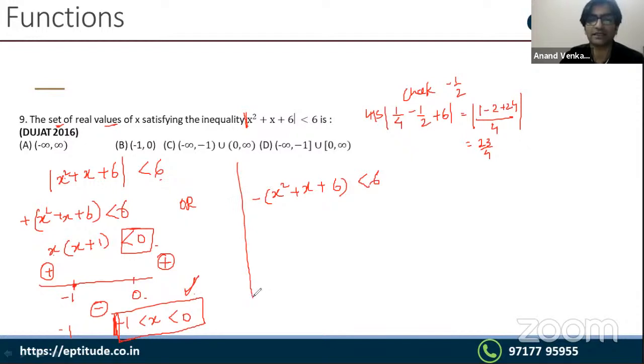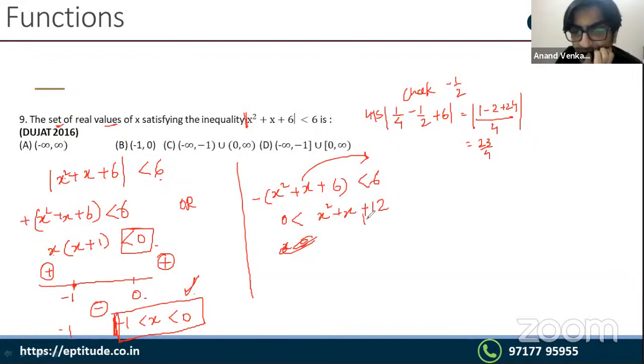Okay, let's solve the next inequality, which is minus of this is less than 6. तो अब इसको उठा करके उस तरफ ले जाते हैं, which means it will become 0 less than x square plus x. तो ये 6 और ये plus 6 ऐड हो जाएगा. x square plus x plus 12 is greater than 0 आ रहा है. बट इस क्वाड्रेटिक का डिस्क्रिमिनेंट क्या है?